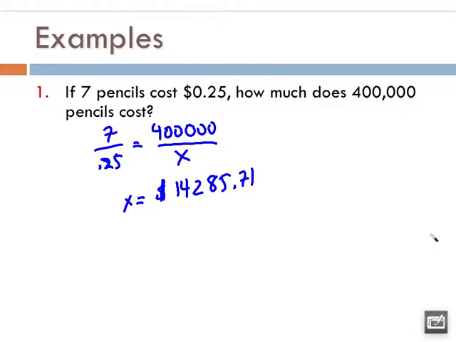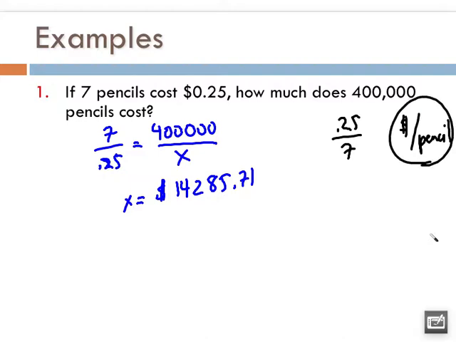Not necessarily the answer, but what does that represent? What each pencil costs. Good. So he did 0.25 divided by 7, that's dollars per pencil. And then took that answer and did what with it? Multiplied it by 400,000. Beautiful. In essence, you just solved a proportion, you just didn't set up the proportion ahead of time.